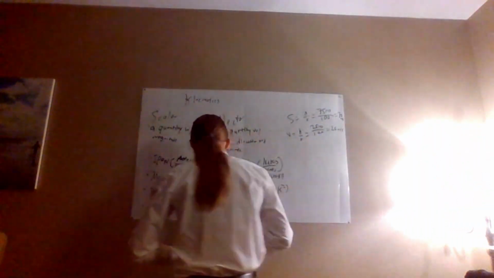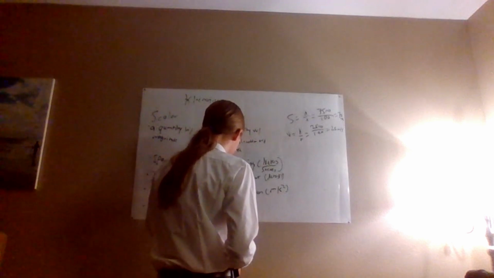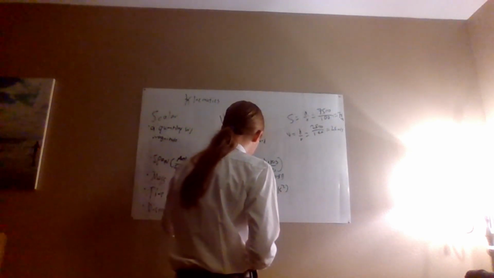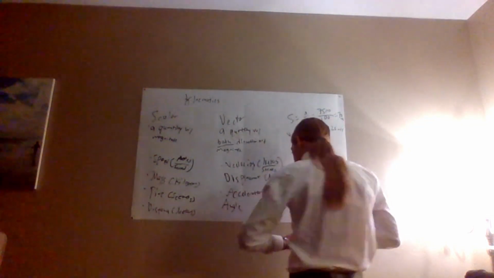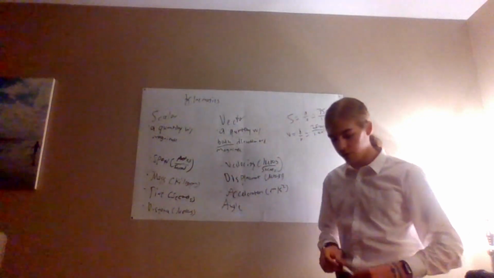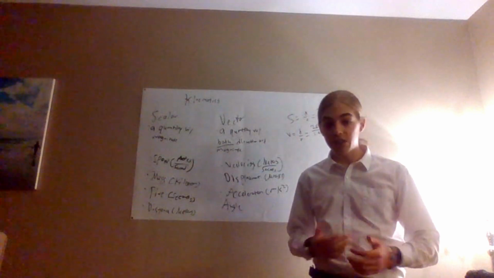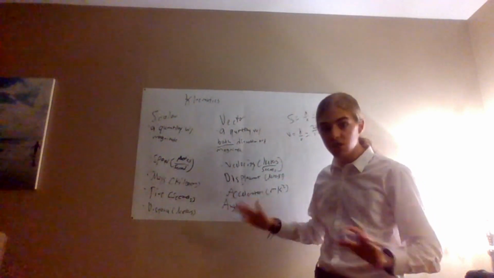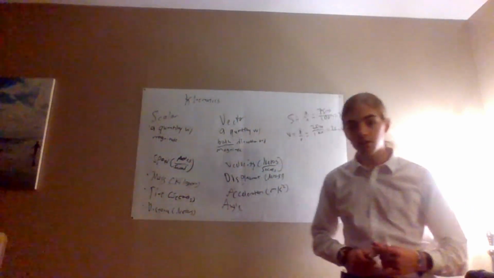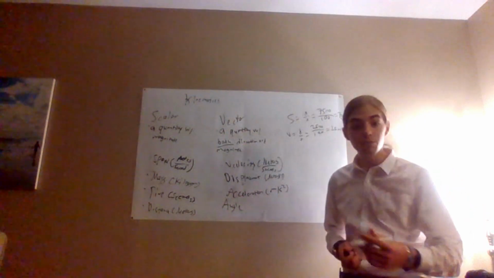And one more that I want to give you is angle. Usually when you think of angles, you think of them in terms of degrees. That is, you can measure them in degrees. You can also measure them in something else.